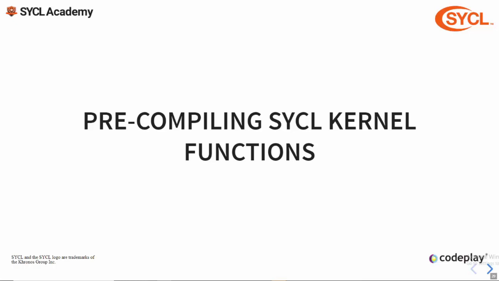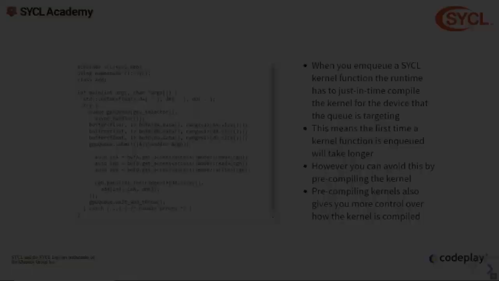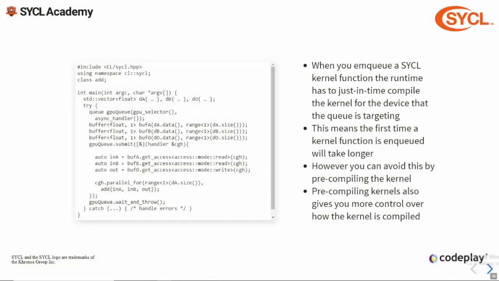Finally, we have the last topic in this lecture, precompiling SYCL kernel functions. This is useful for when you want to manually compile a kernel in order to have more control over how it is compiled. Generally, SYCL device compilers will produce binaries in an intermediate format such as SPIR, SPIR-V, or some other proprietary format.